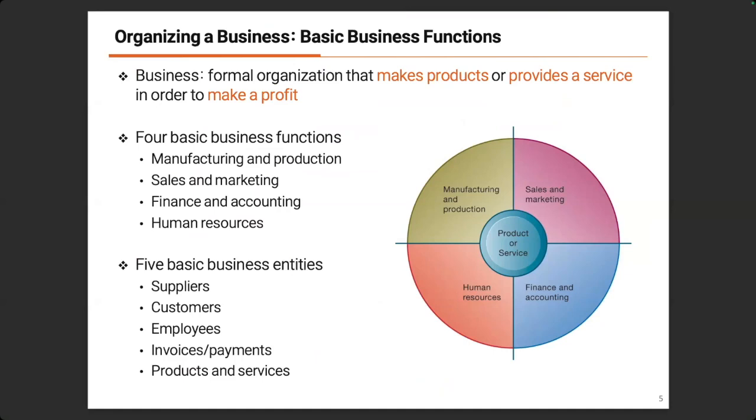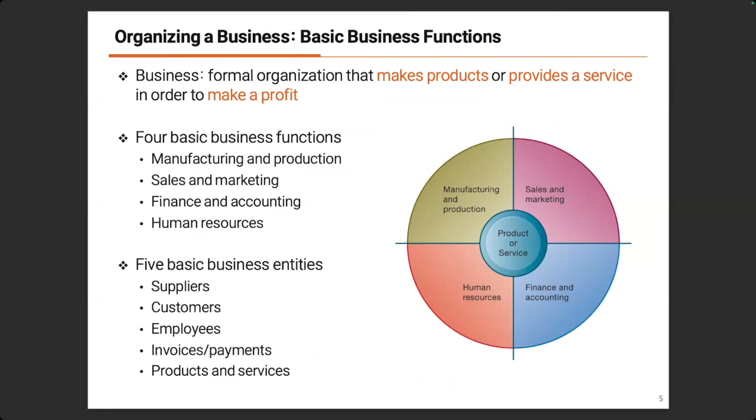And there are four basic business functions. Basically, every business firm has these basic functions: manufacturing and production, sales and marketing, finance and accounting, and human resources. Manufacturing and production is about the arrangement of people, machines, and processes that produce the product or service.